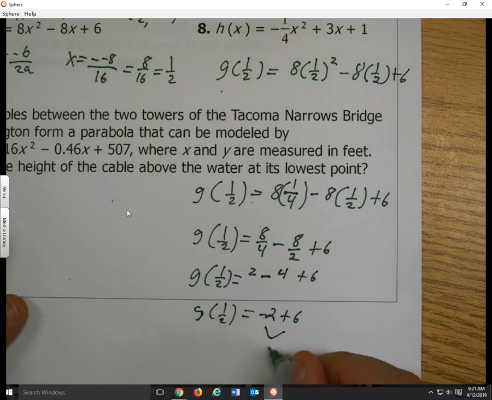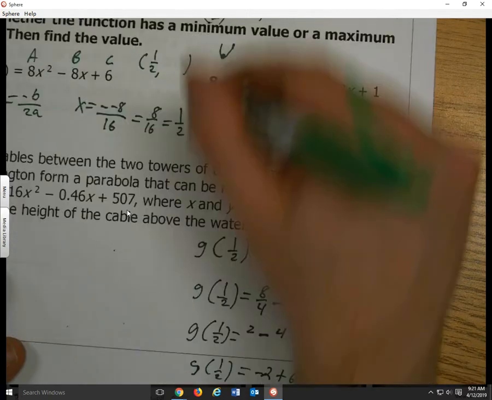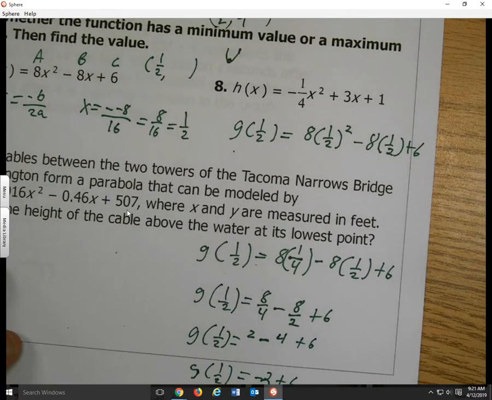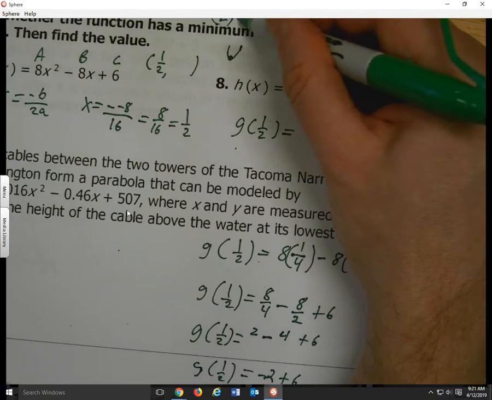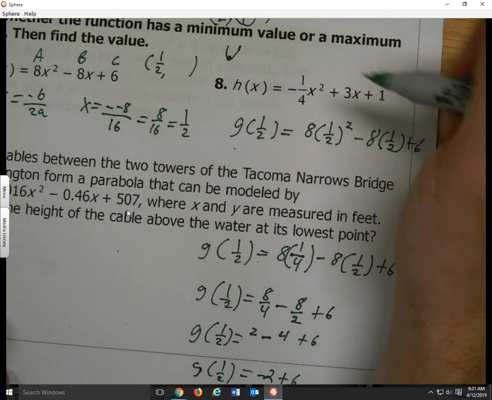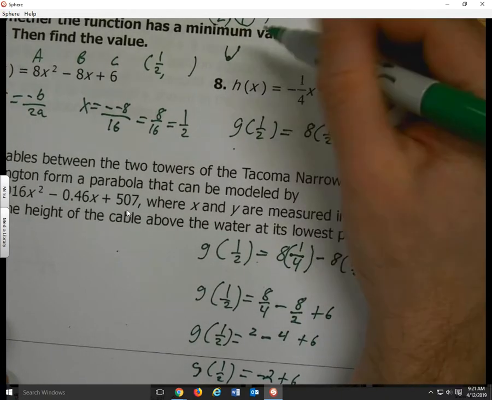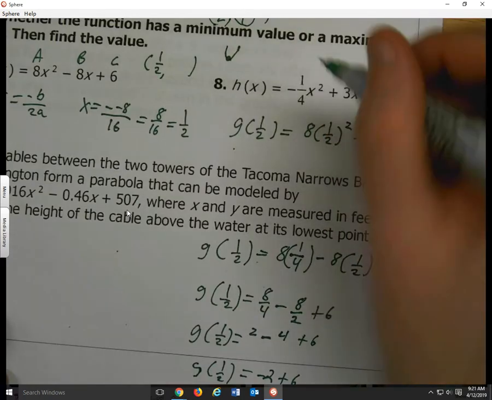And the right answer would be 4. So the answer would be a half, and the whole answer we're looking for, what is the maximum or minimum point? Well, it would be a 4. The minimum point would be a 4 of this.